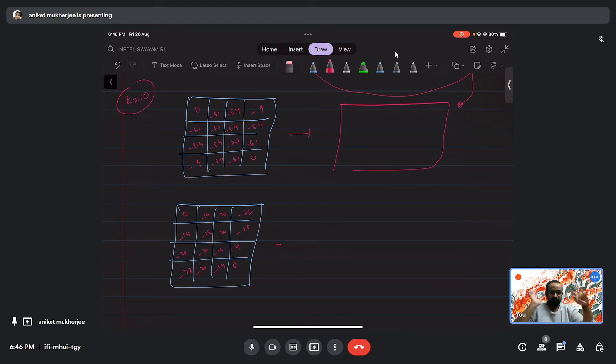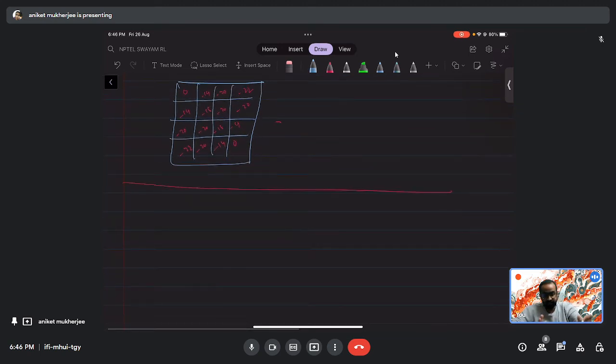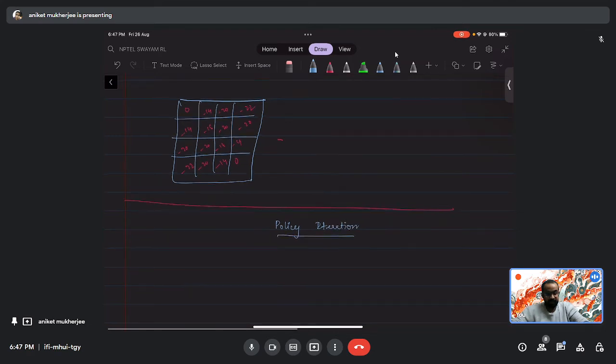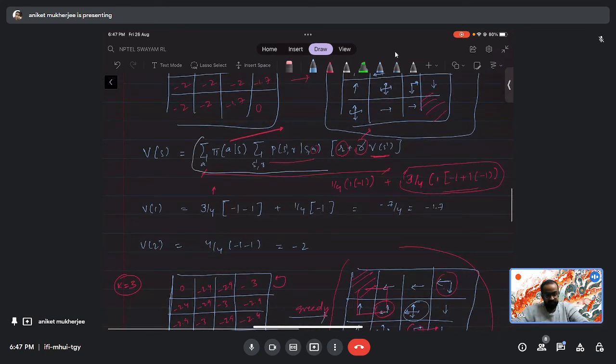Policy iteration is way quicker. So now this value iteration is done. I have taken a very simple problem, but calculating this term is easy only if you put the probabilities correctly.